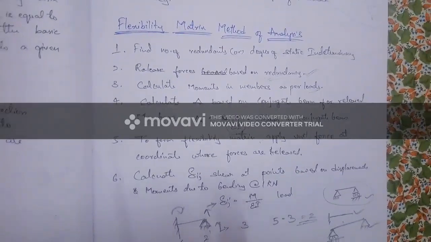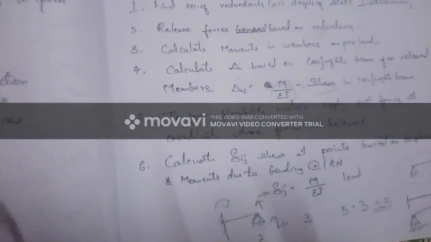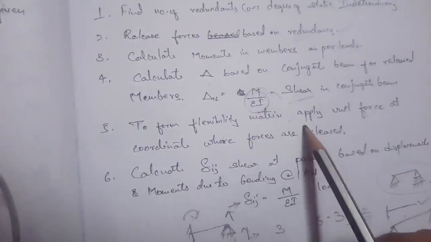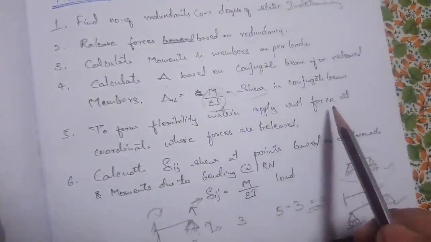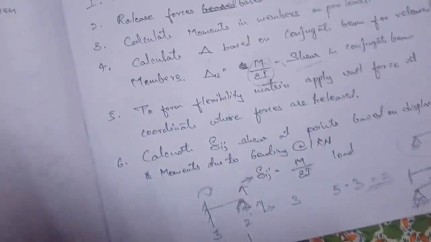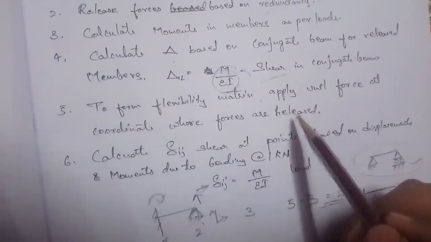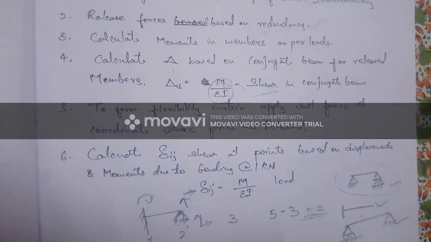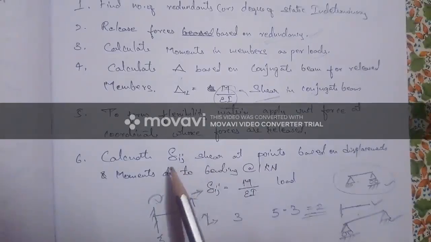So for that case, as we have discussed, we will form the flexibility matrix method and then we will apply unit forces wherever we have released the loads, okay. Wherever we have released the equilibrium conditions or resultant conditions, there we will apply the forces.